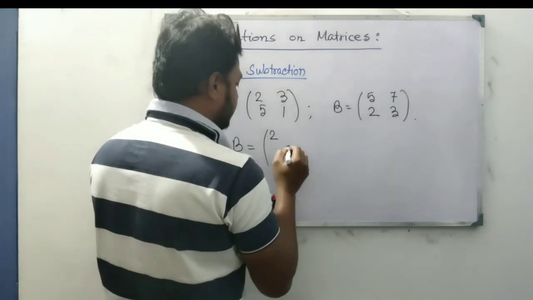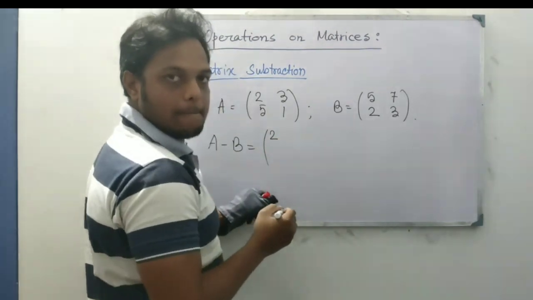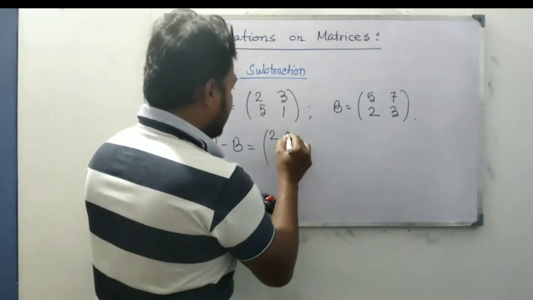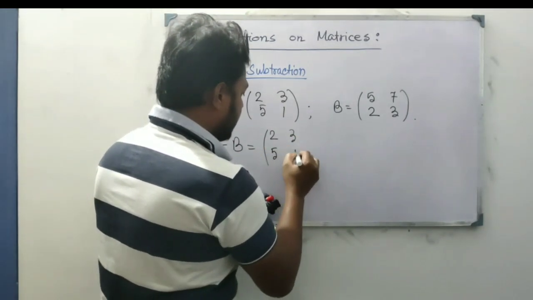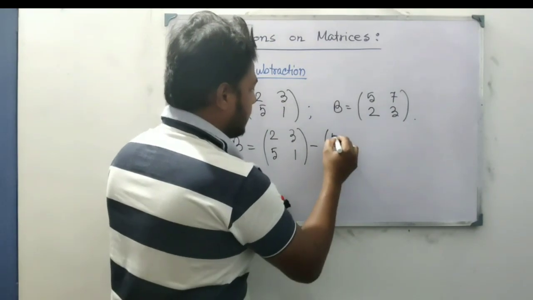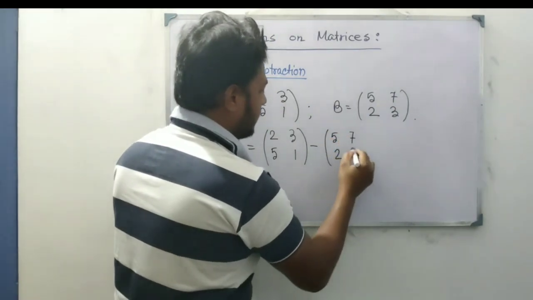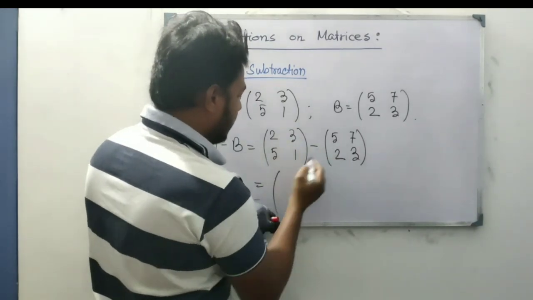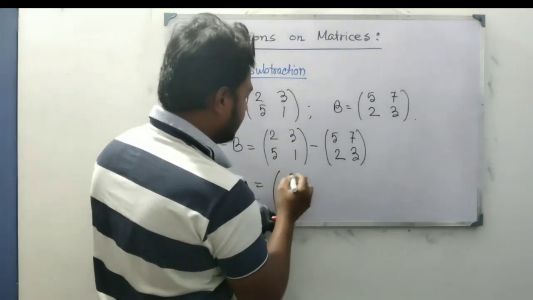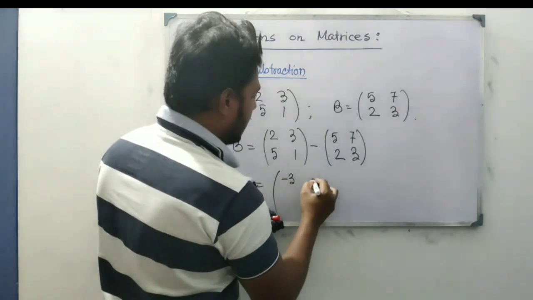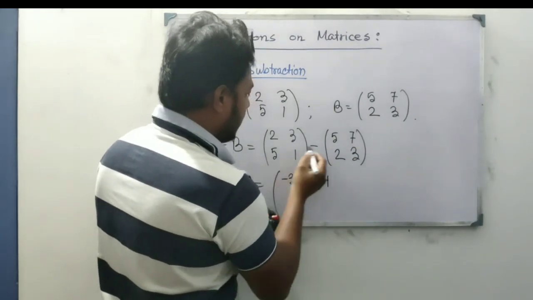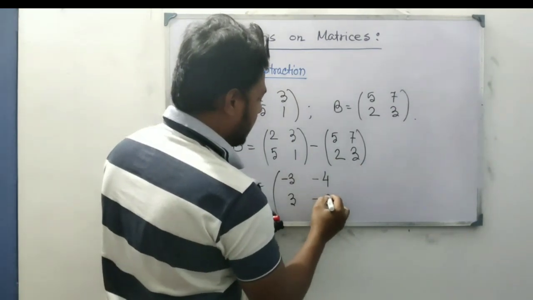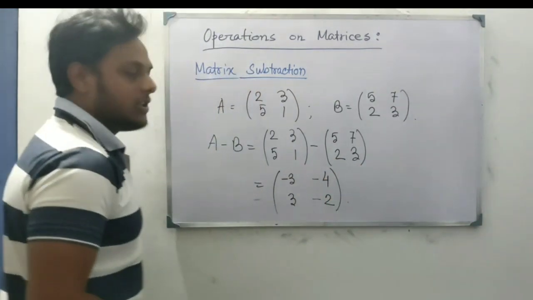You can write it once for your advantage: 2, 3, 5, 1 minus 5, 7, 2, 3. If you subtract the corresponding entries, we will get 2 minus 5 means minus 3, 3 minus 7 means minus 4, 5 minus 2 means 3 only, 1 minus 3 means minus 2. So this is our A minus B.